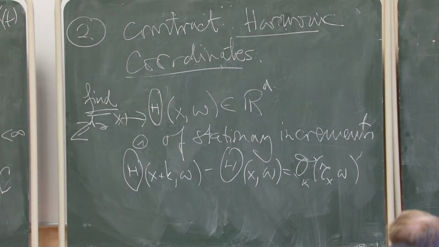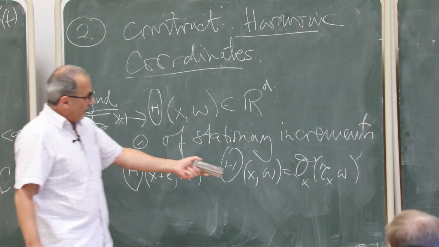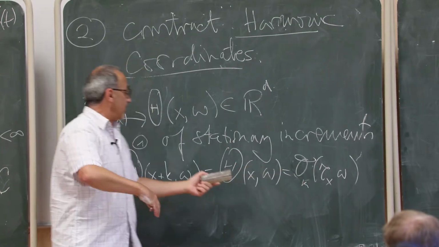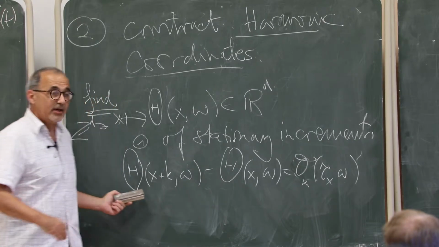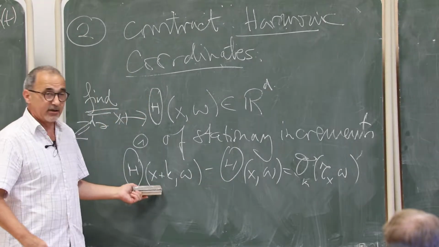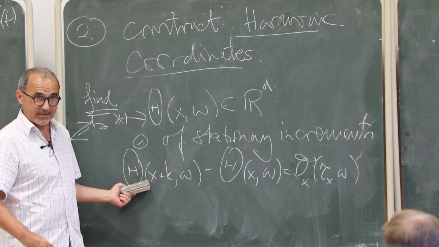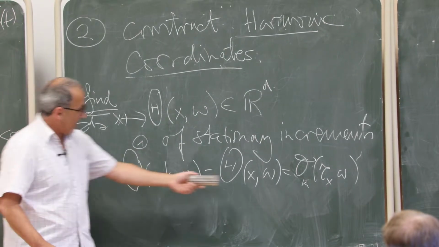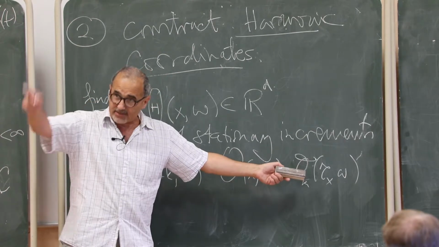What do I mean by this? There is a stationary field of gradients, which is the gradient of this field. This shows you that this is of stationary increments. It may not be stationary itself. Clear? But due to the fact that this is a gradient, it has this gradient condition.